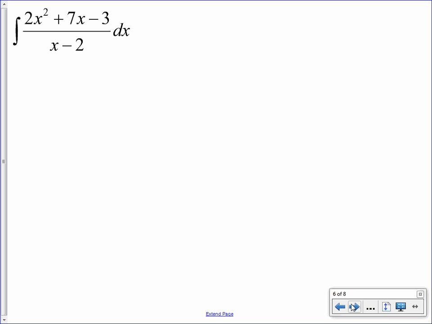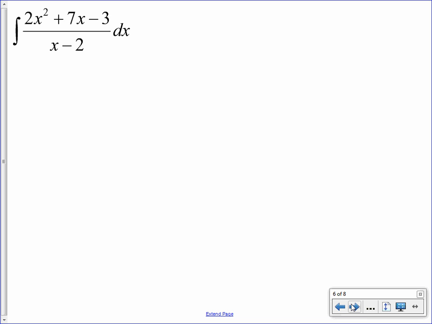Does anybody notice? The numerator on top is one larger than the denominator. Okay, so the numerator's bigger. So what kind of fraction are we dealing with if the numerator's larger?